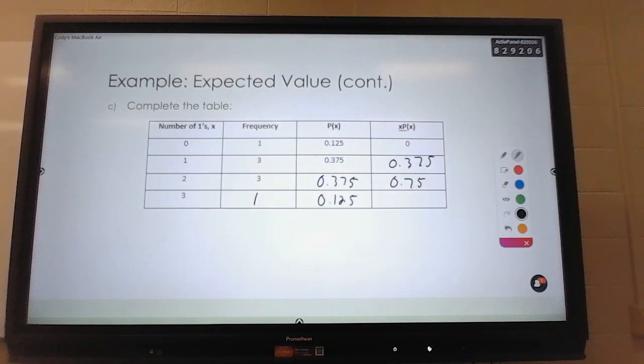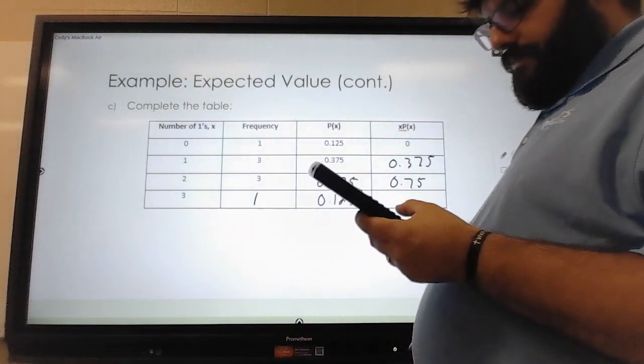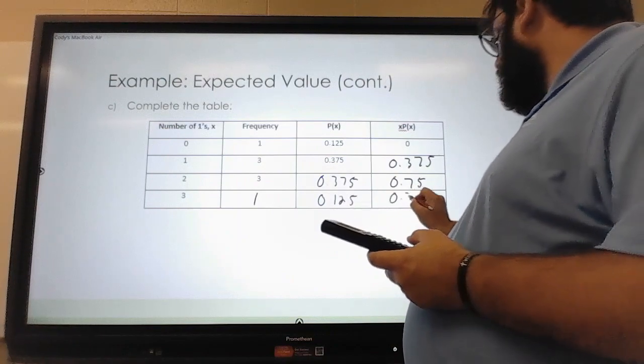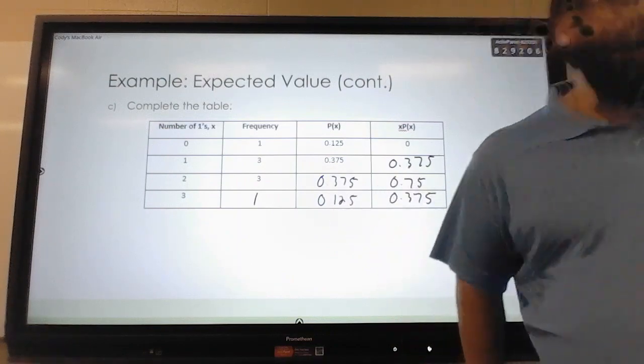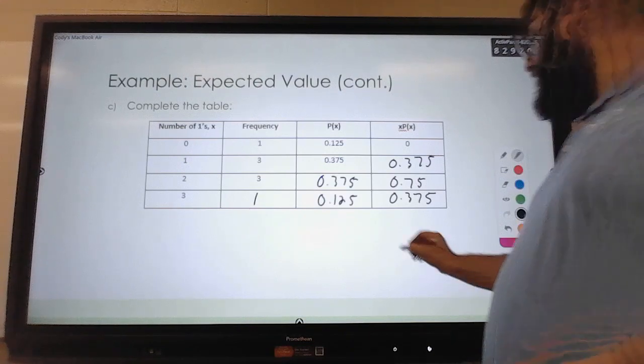And then here, 3 times 0.125. That's 0.375. All right, so now let's go ahead and add these up.